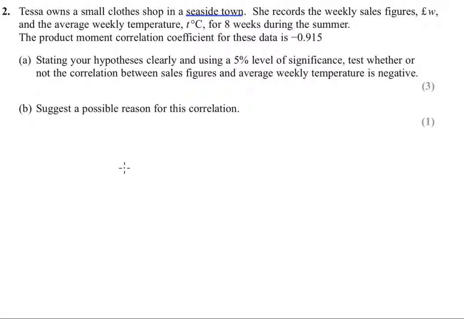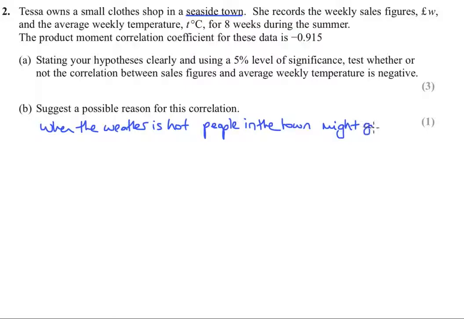So the possible reason for the correlation is that when the weather is hot, people aren't going to go shopping, they're going to go to the seaside instead. So that's all we needed to write for part B.